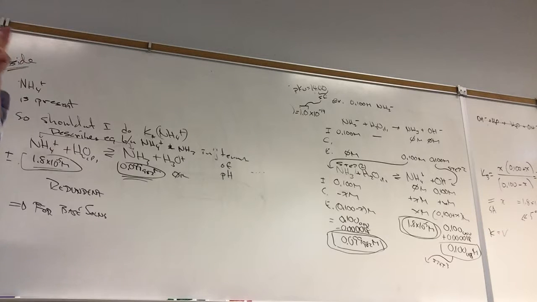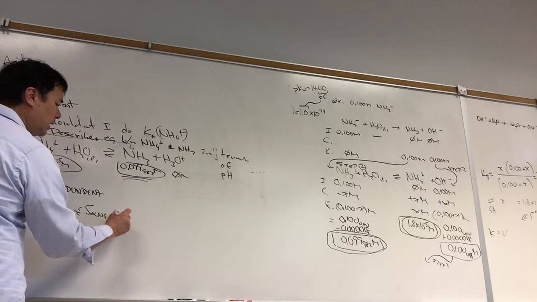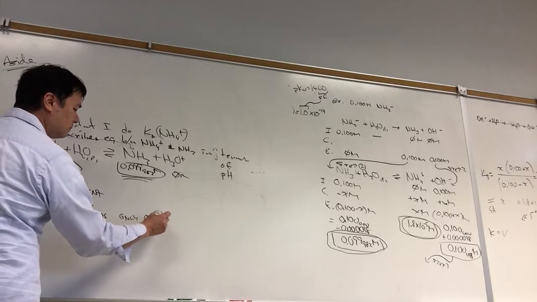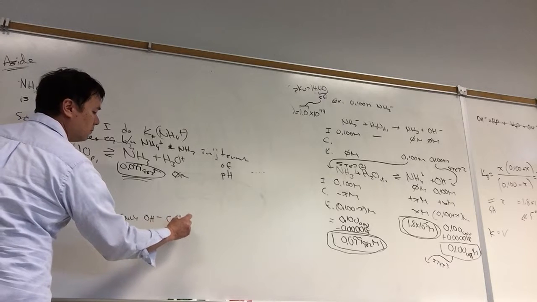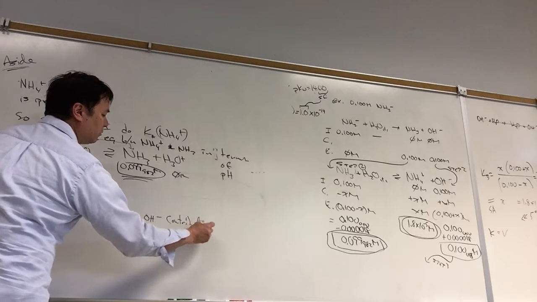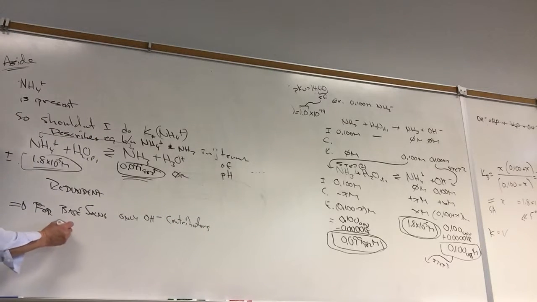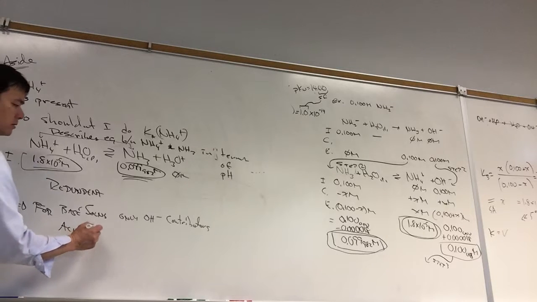We got to stick with pOH, pOH, pOH, and then figure out the pH depending on the final pOH, right? And so for base solutions, only hydroxide contributors. For acids, only hydronium contributors.